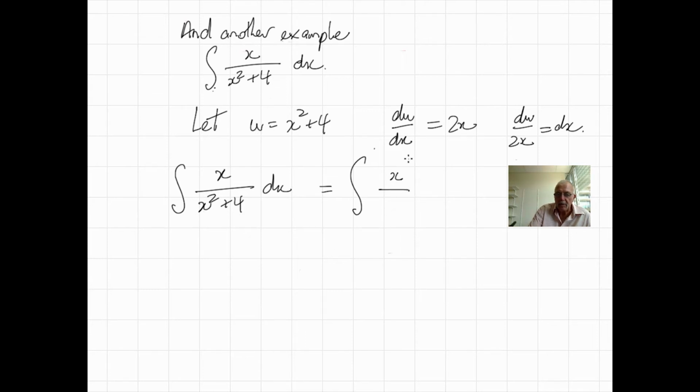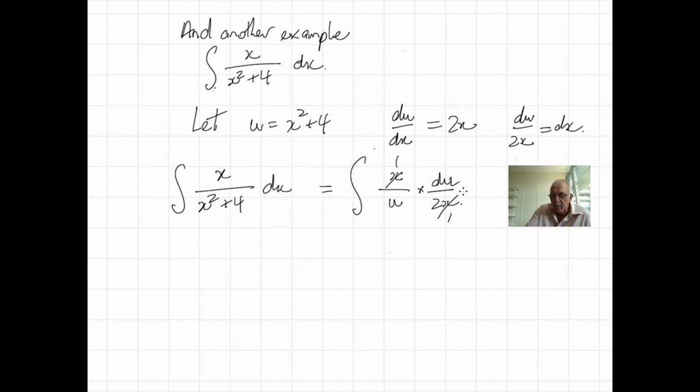We let that equal u, so that'll be x over u, and then we substitute for dx. Now dx in this case is equal to du over 2x. Now you can see why we haven't had to worry about making a substitution for x, because these x will cancel each other out.